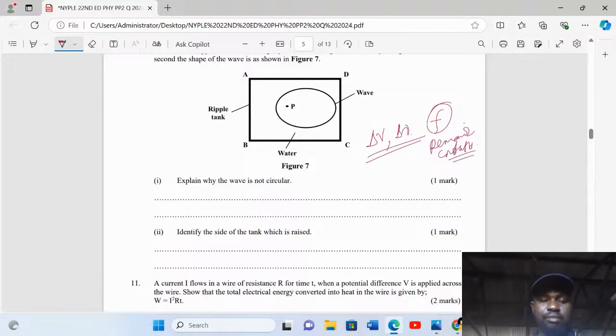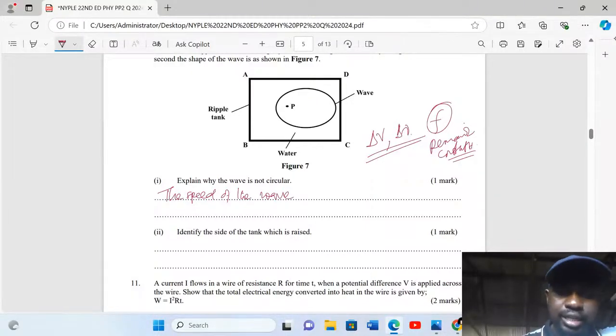Since frequency remains constant, you can say the speed of the wave increases towards side DC.